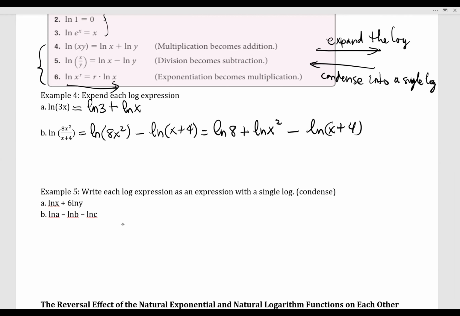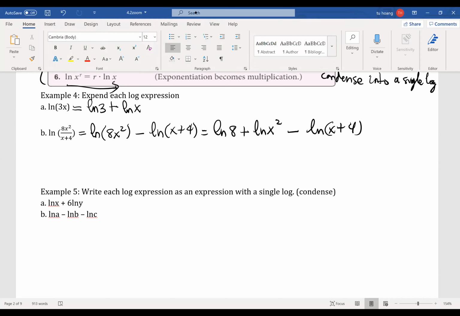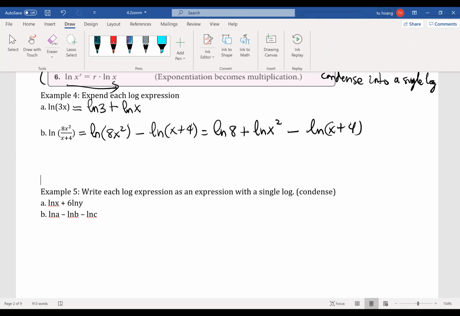I cannot change the second term, because it doesn't have anything to change. It has x plus 4, but I cannot split it.